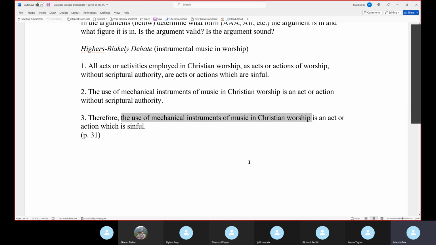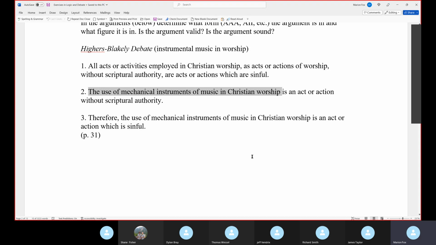There it is. That is your minor term. It is the subject of the conclusion. So we get it right there, and we get it right there. That's laid out for us.